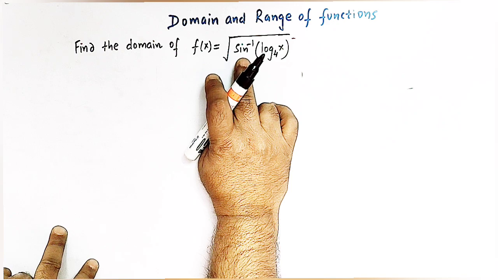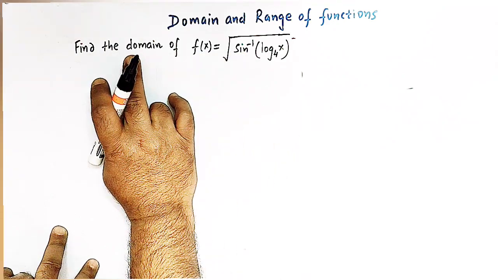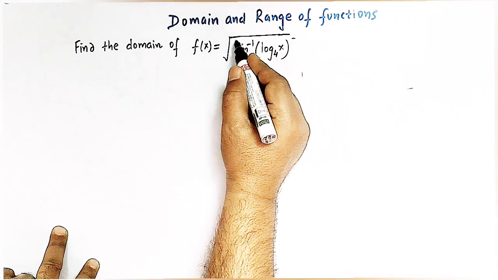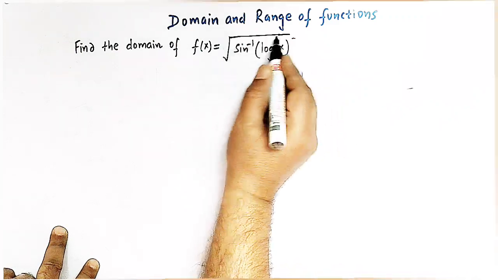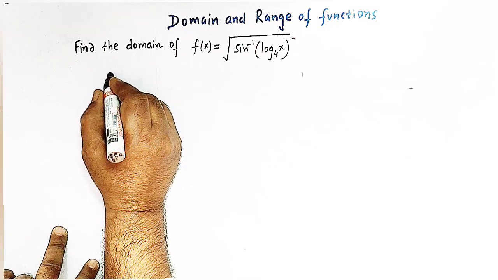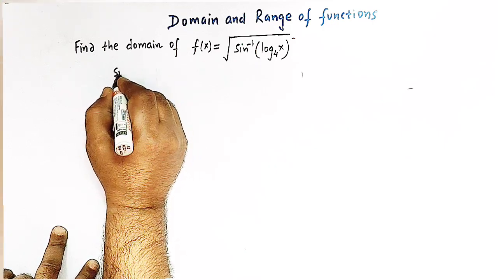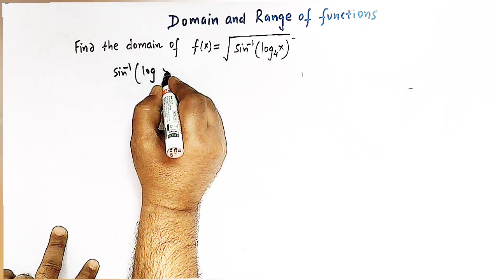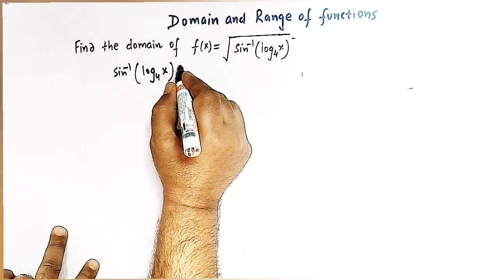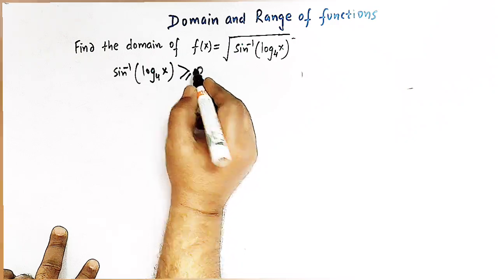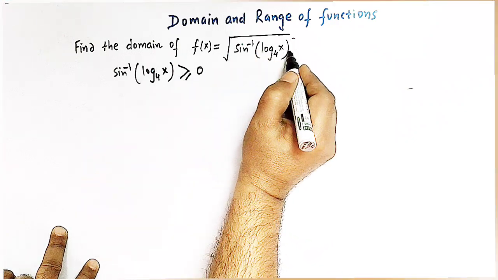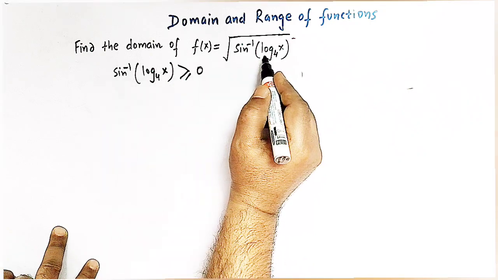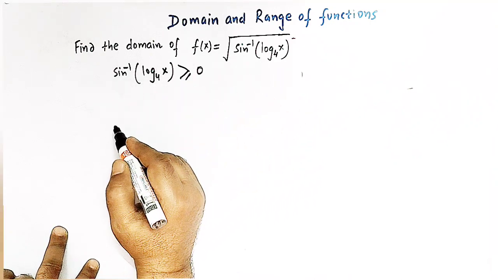So here the first condition for the domain of this function f of x is that this quantity which is inside this square root sign should be greater than or equal to 0. So the first condition is that sine inverse log x to the base 4 should be greater than or equal to 0, because this entire quantity should be positive or equal to 0.